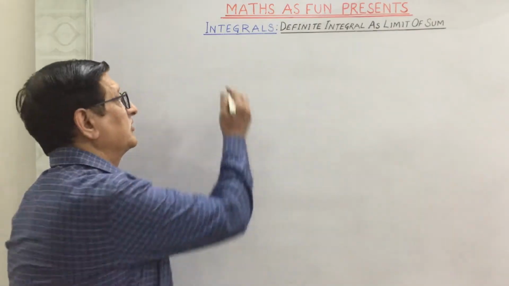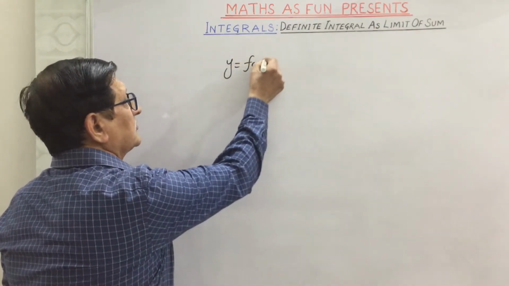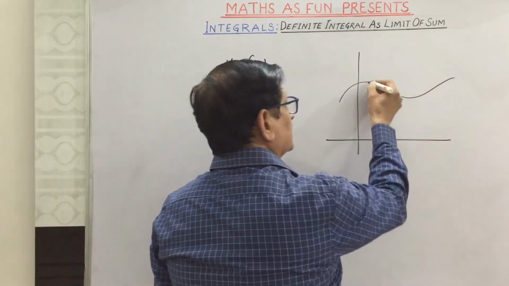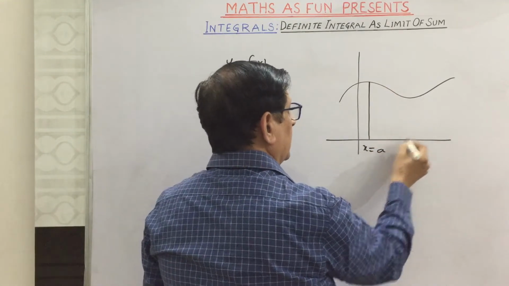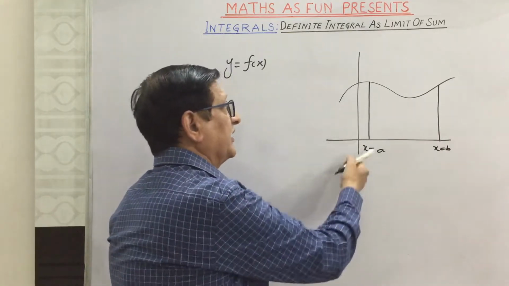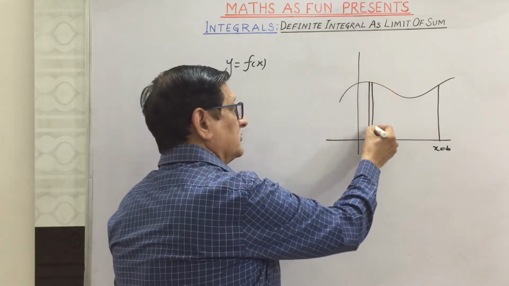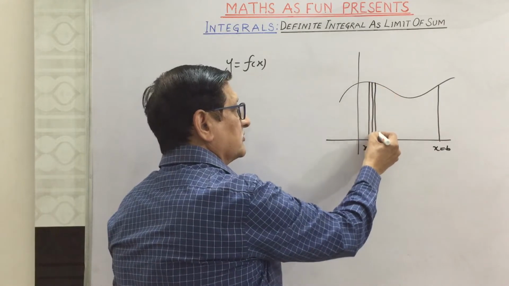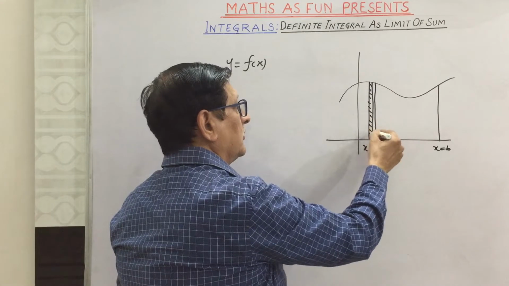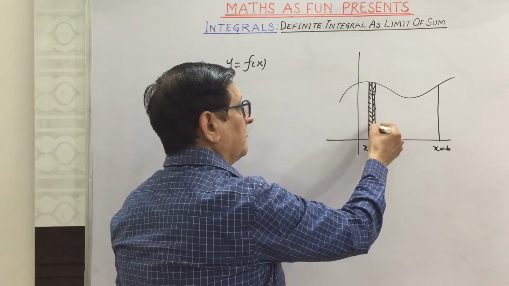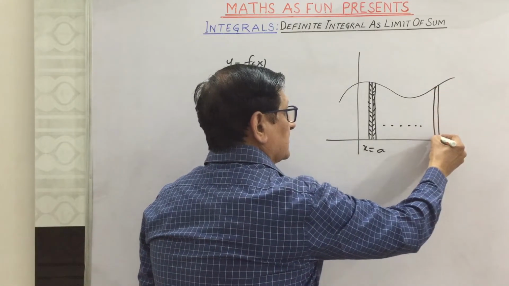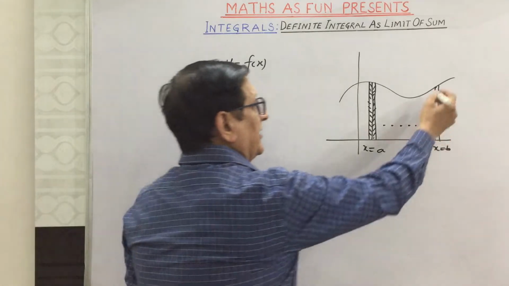The region for the function y equal to f(x) from a to b, when we have drawn, this is suppose like this is x is equal to a, this is x is equal to b. If we divide it into n sub intervals, this is one of the intervals, this is another interval, and so on, we continue and divide it till this, and we are dividing it into n intervals.